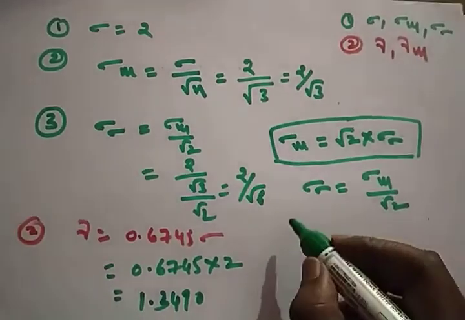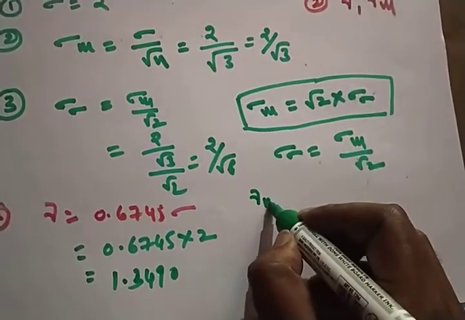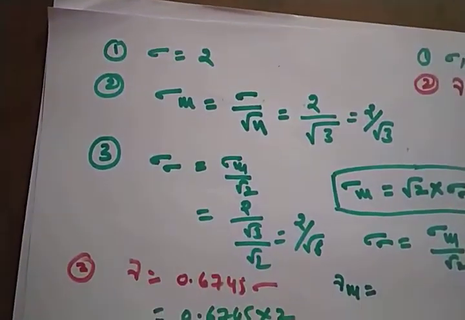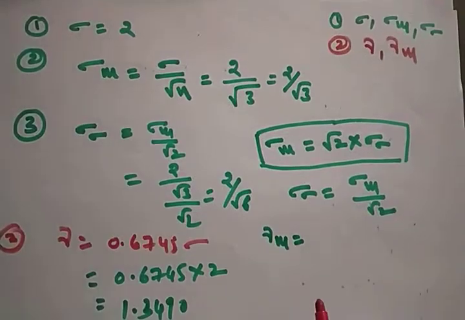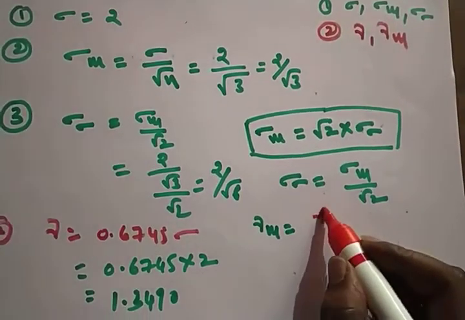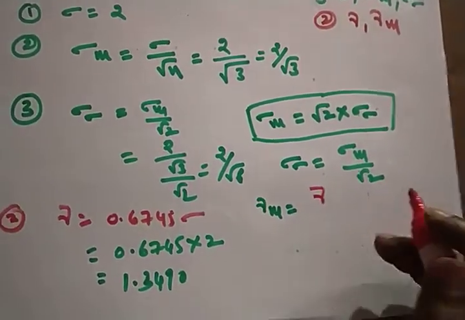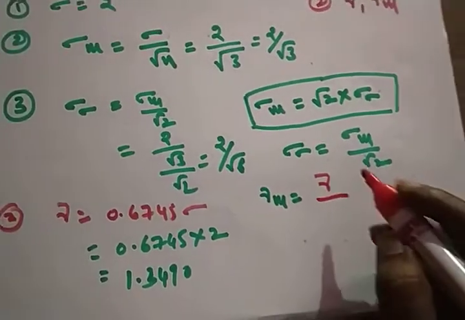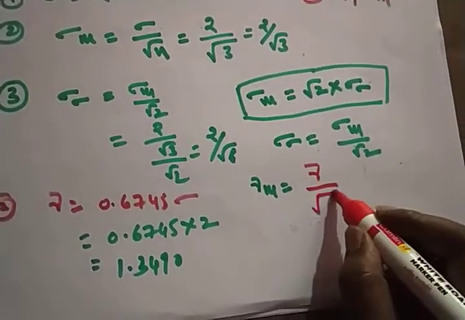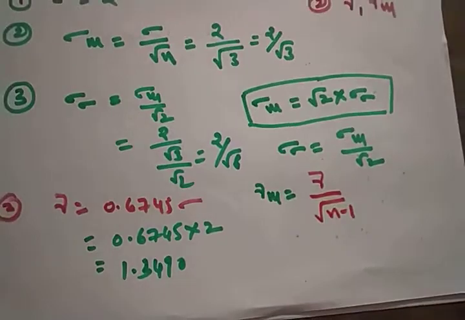And they are asking for the gamma m value. What is the formula for gamma m? We already discussed all the formulas. Just substitute, and you'll get gamma divided by the square root of n minus 1.